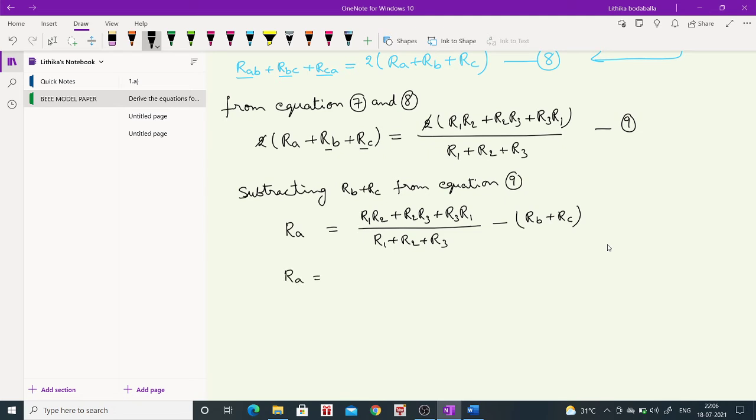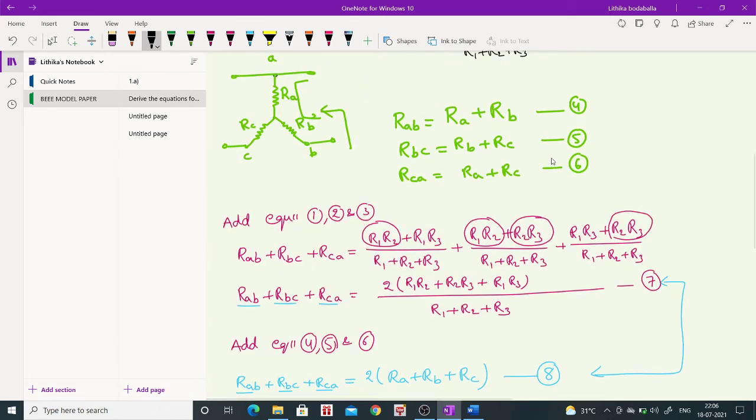RA is equal to R1 R2 plus R2 R3 plus R3 R1 divided by R1 plus R2 plus R3 minus, in place of RB plus RC, I can write RBC, from equation 5.